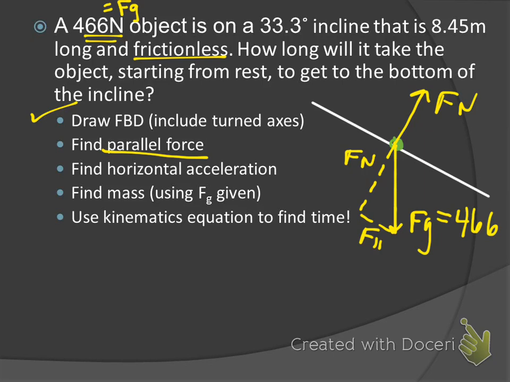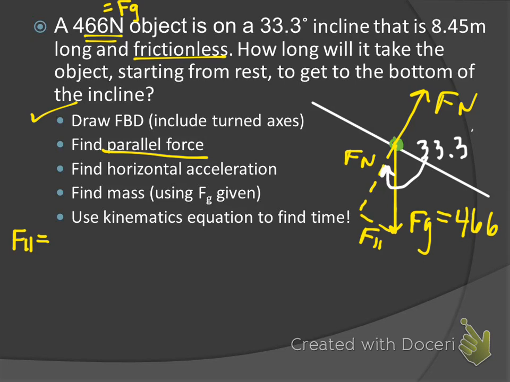So we're going to go ahead and solve for the parallel force. Parallel force is opposite or adjacent, and it is opposite of that angle. We remember that the angle they give us, this 33.3 degrees, fits right into this little pocket of our gravitational triangle here.